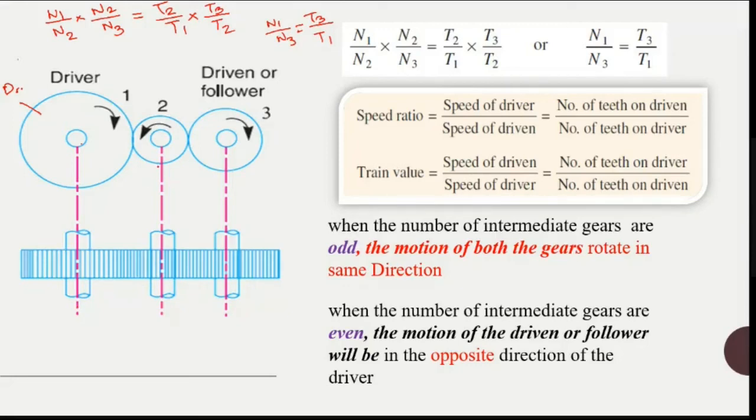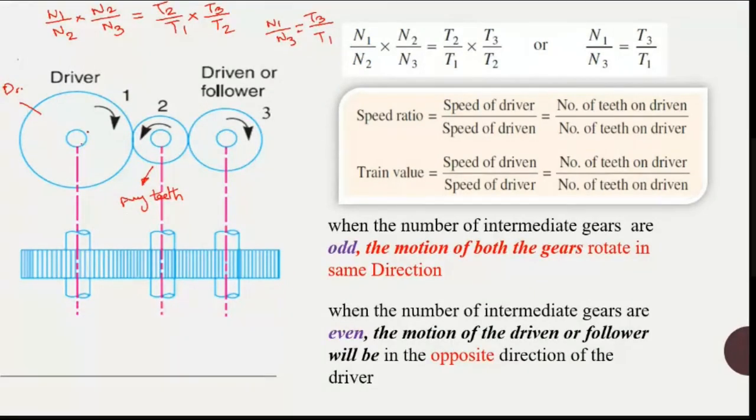Even though you have a middle gear, it mainly depends on the teeth of the driving gear and the driven gear. It doesn't require any teeth of the idler gear, the center gear. Whatever the teeth of this gear, you will get the same speed.